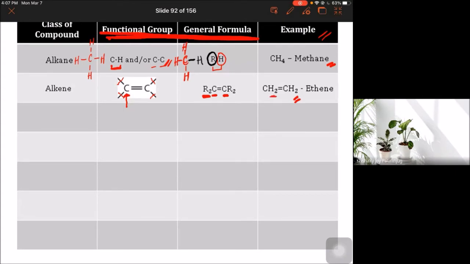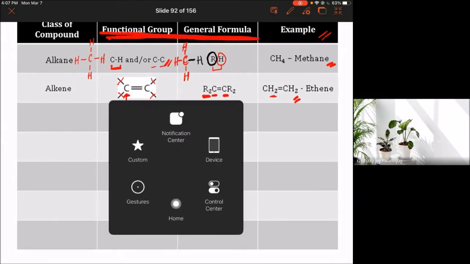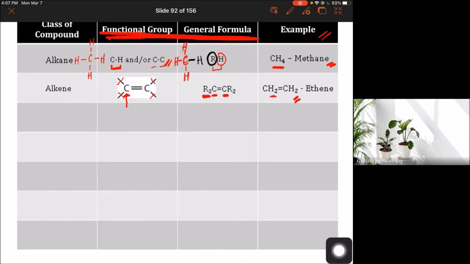Pwede naman hydrogen. Depende yan kung may simplest form of that class of compounds. So just like methane, diba? Yung simplest example of alkane is methane. So ganun din with alkene, it's ethene.